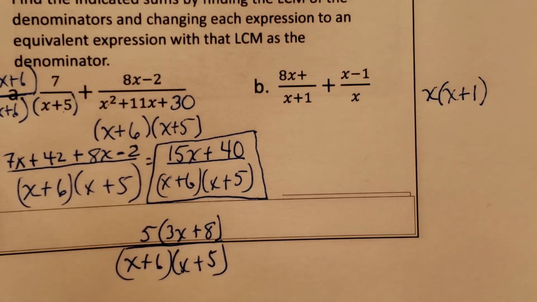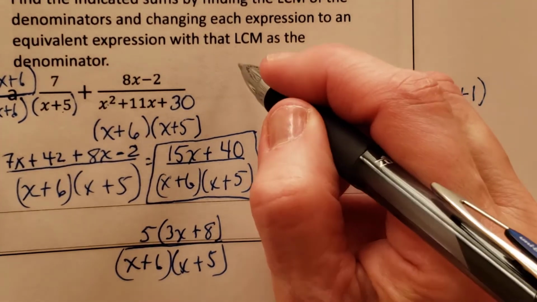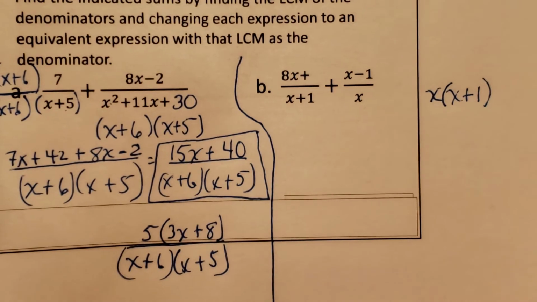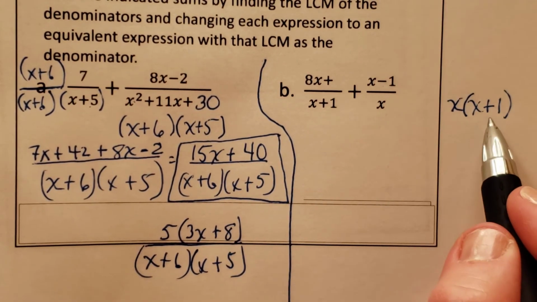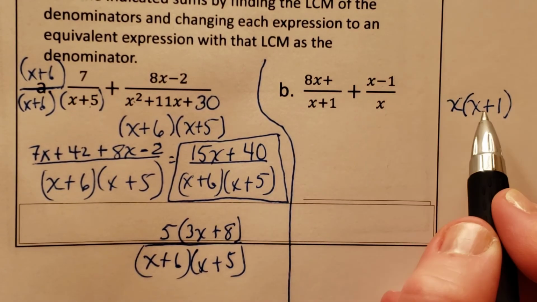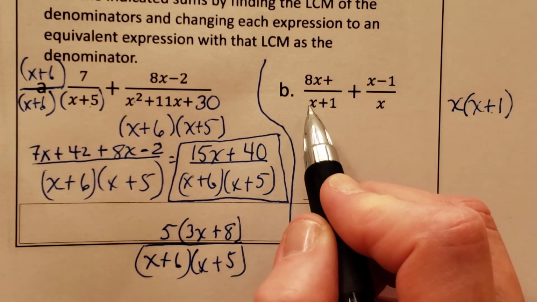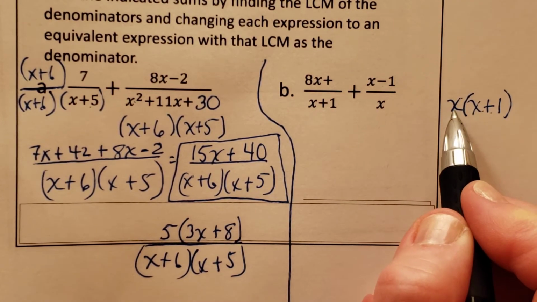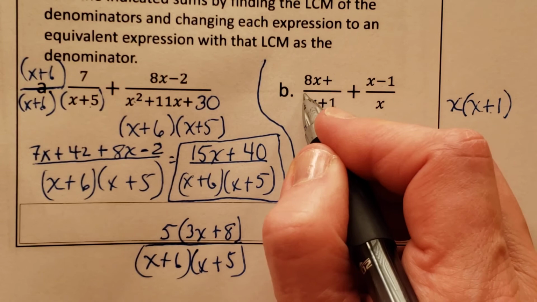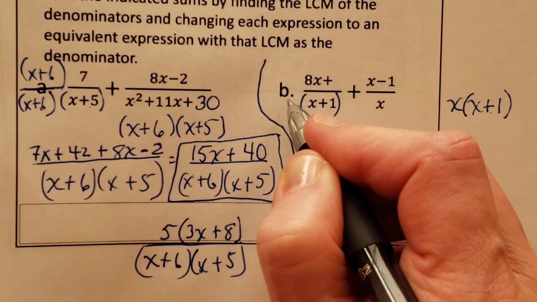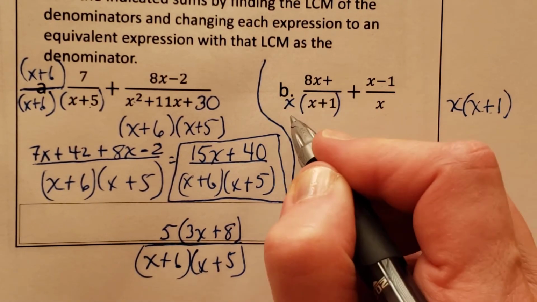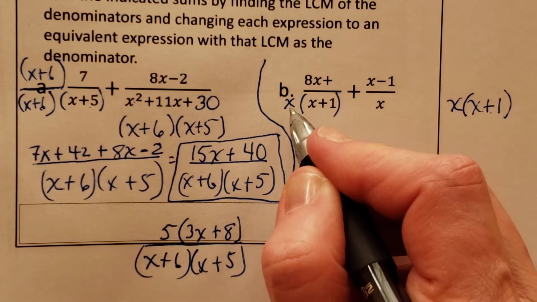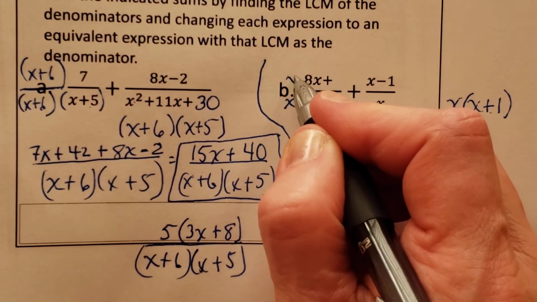Now, I could distribute, but I'm not going to, just so I can show you how it's helpful not to. So basically, I have this part in my first fraction. What I'm missing is times x. So in order to have my denominators the same, I have to add this part. So whatever I multiply the bottom by, I have to multiply the top by.